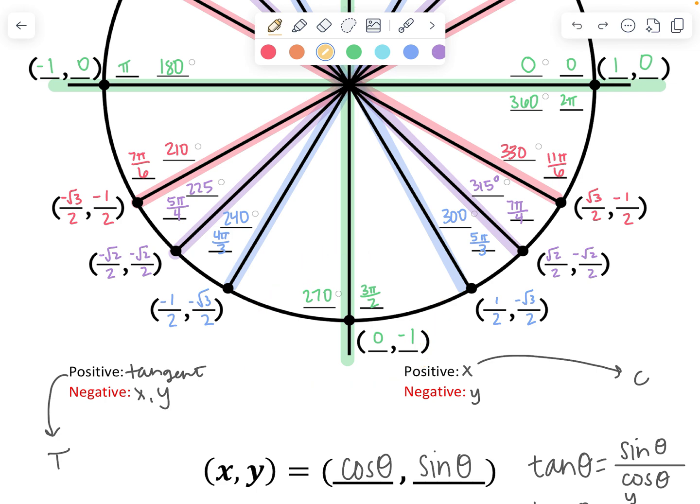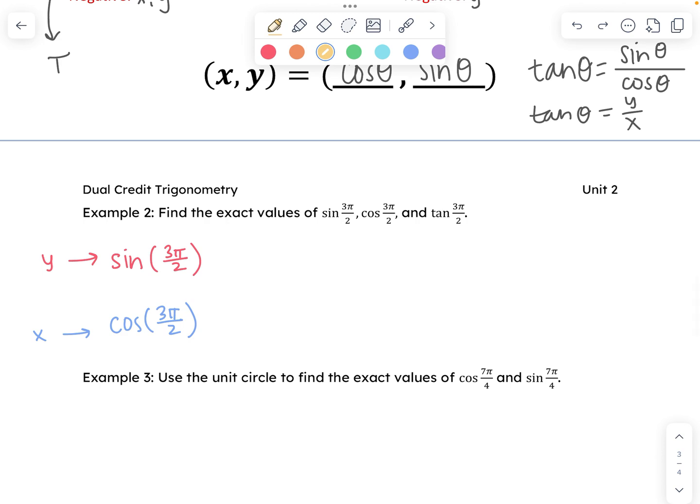So I can come down here, and if my point is 0, -1, well, sine being my y value means that sine of 3 pi over 2 is -1. And there's my answer. Cosine is my x value, so cosine of 3 pi over 2 would be 0.